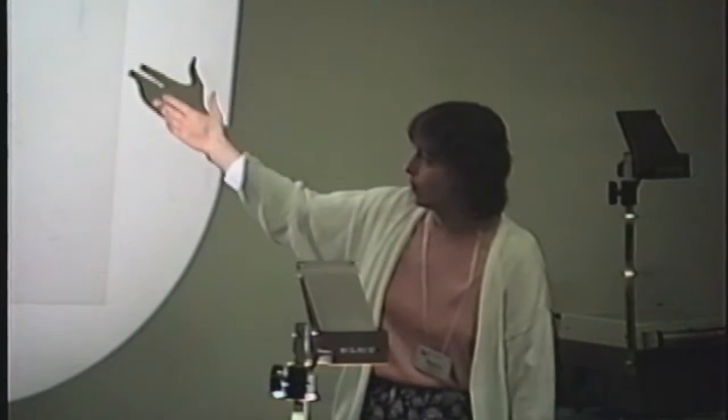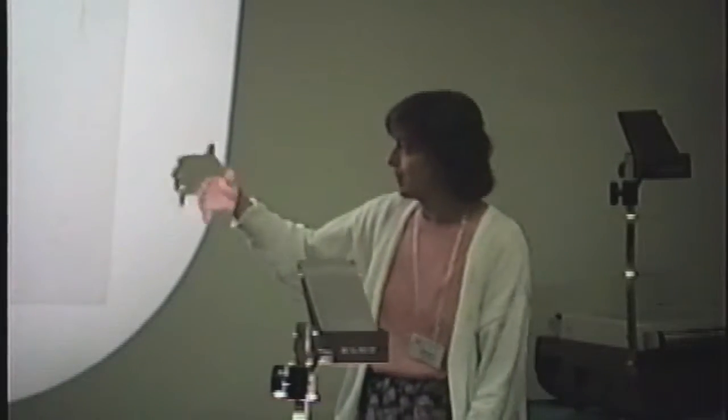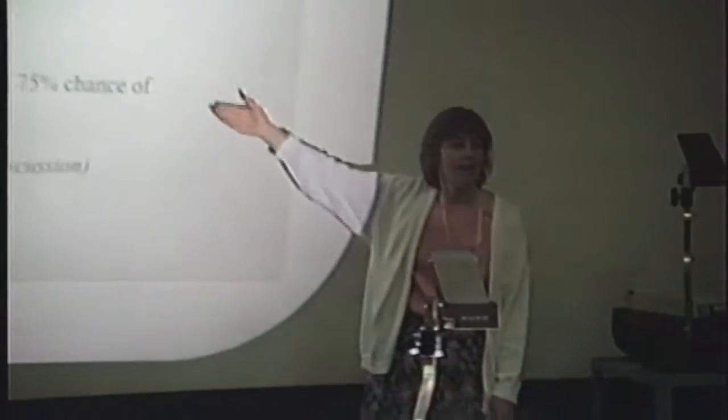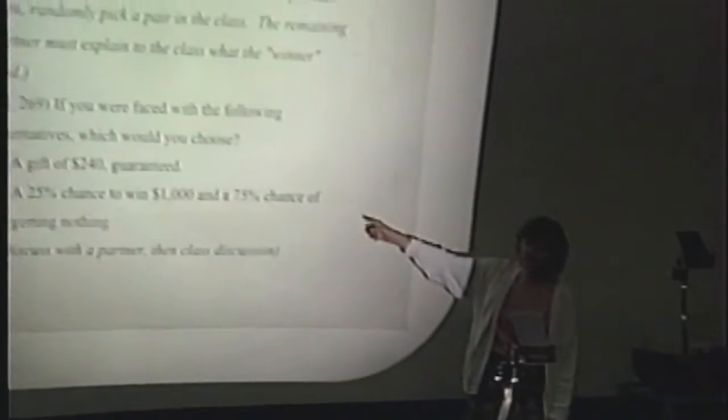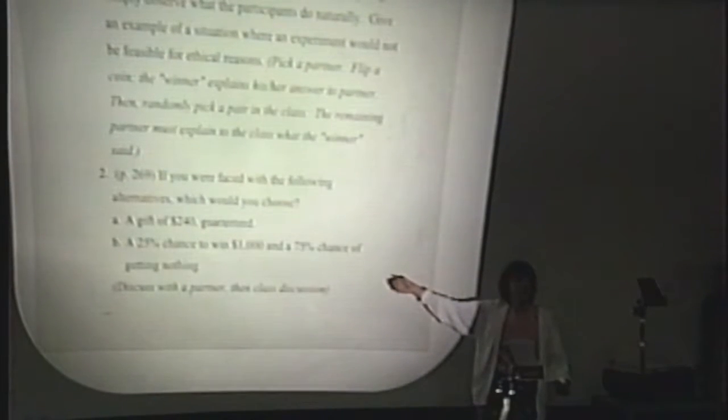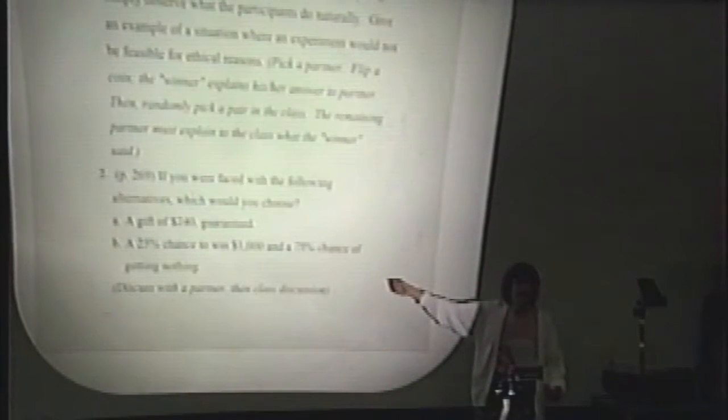And of course, when you discuss this with students, if I were going to go into this for a longer period of time, you get across the idea that if I change these amounts, they might change their answer. If I said $24,000 versus, and so on. So there are lots of other things that we can discuss here that go beyond just the concept of expected value. They go into how we use expected value in daily life.